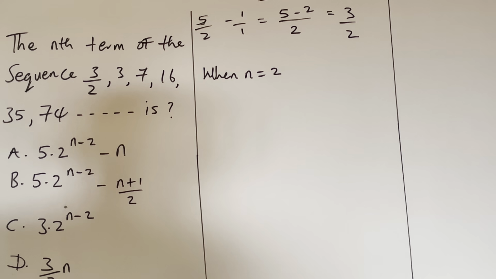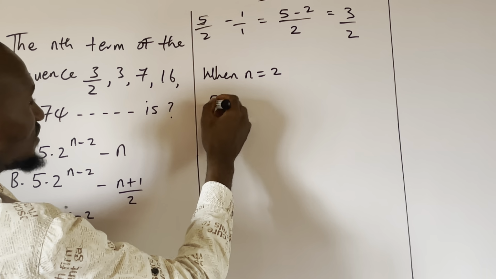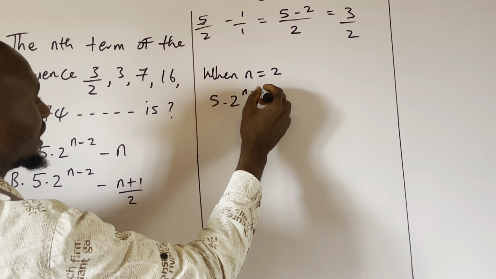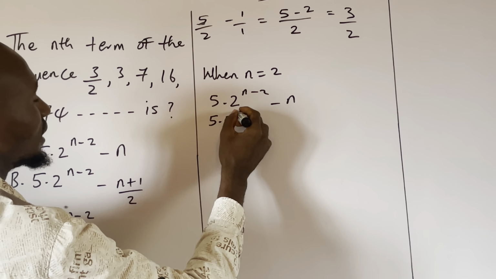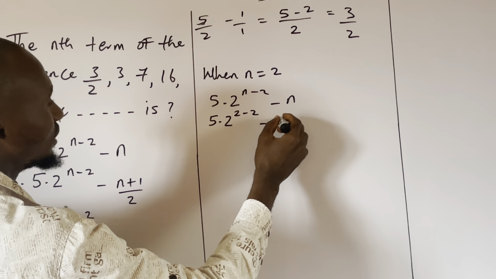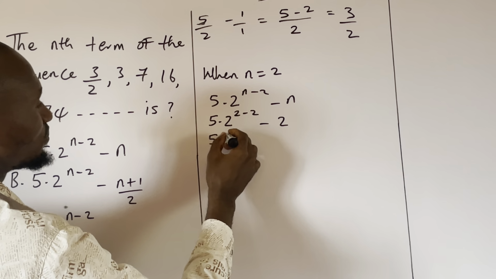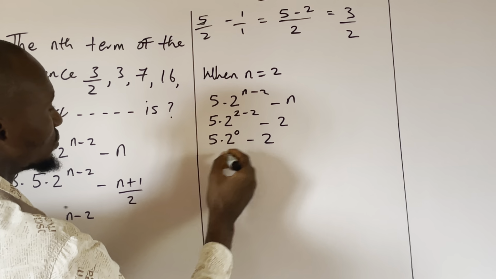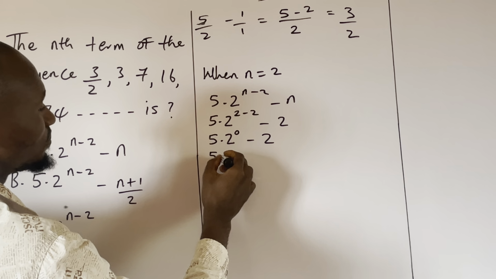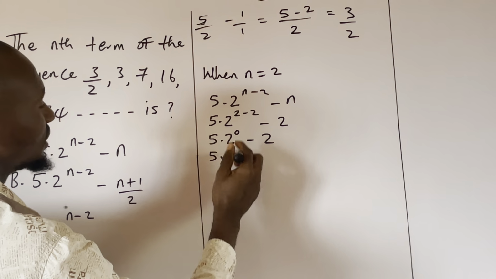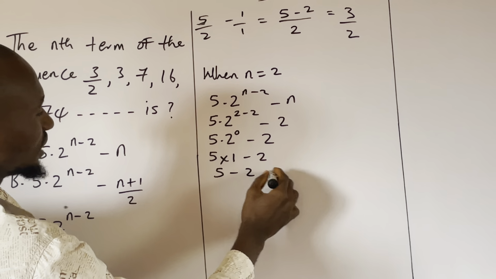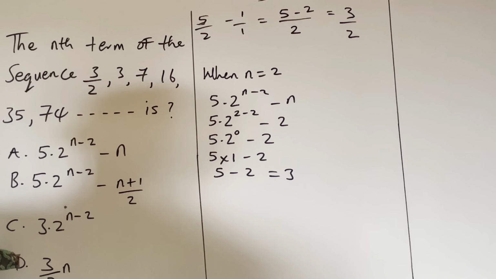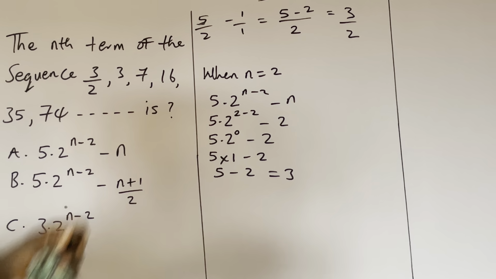When n equal to 2 is 5.2^(n-2) - n, this is 5.2^(2-2) - 2, 5.2^0 - 2. This is 5 times anything raised to power 0 is 1, minus 2. This is 5 minus 2, and the answer is 3. We've gotten the second one.